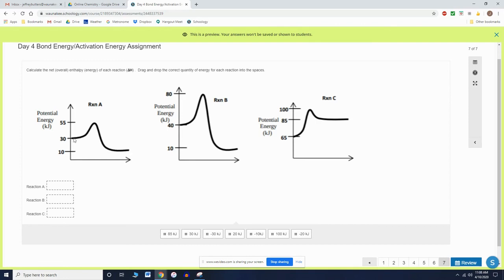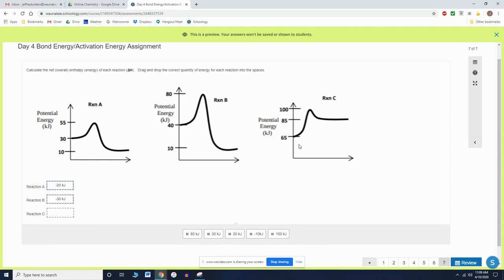That is a decrease of 20, so I should select negative 20 kilojoules for the first reaction. The second reaction is also exothermic, and it goes from 40 kilojoules to 10 kilojoules. That is a decrease of 30, so I should select negative 30 kilojoules for that reaction.